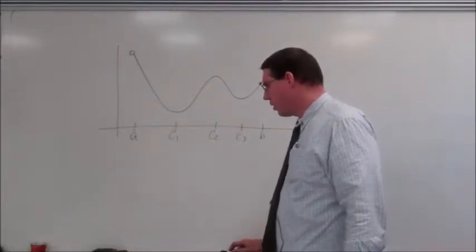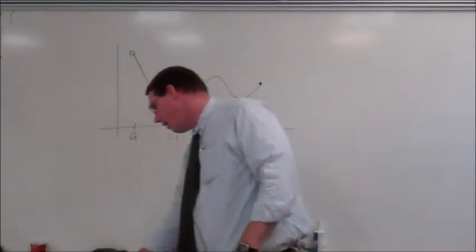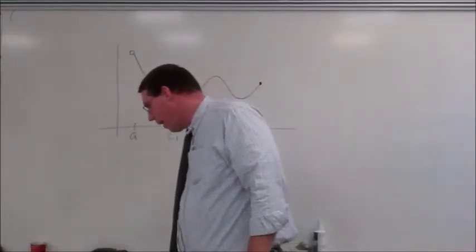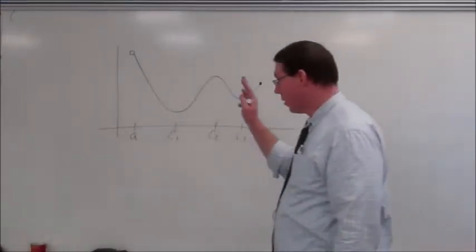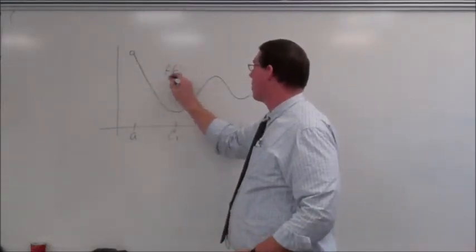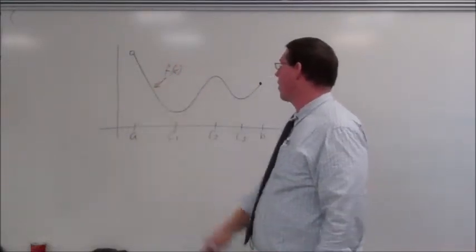Okay, so the first question said to identify the x values of all absolute maximum and absolute minimum points. You were given this graph, and you were told that this is the graph of f of x.